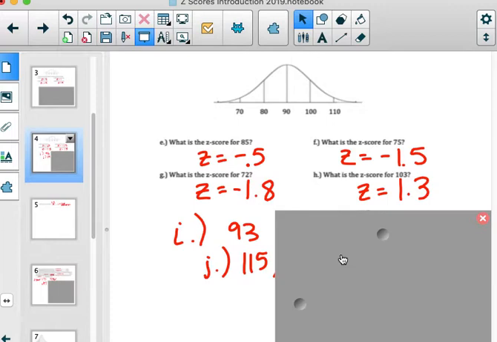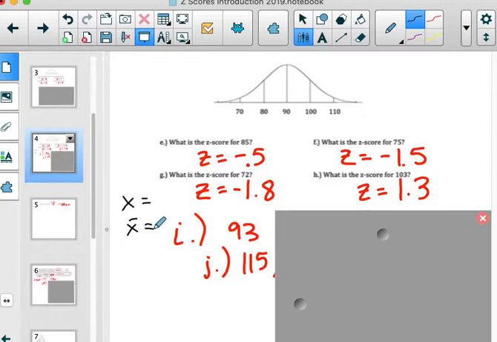This is going to be example I and J. I want to know what's the z-score for 93 and what's the z-score for 115. And without even thinking about the chart, you need to know what is your x, what is your mean, and what is the standard deviation. So back to the problem, what was the mean?